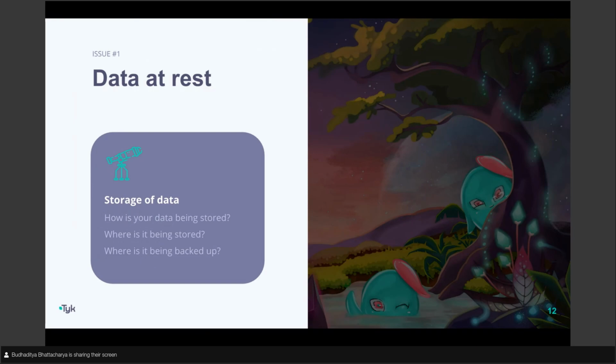So, with that in place, the next part, when we look at data at rest, is that you do need to think about where and how it is being stored. A typical challenge is when you're looking at cloud hosting solutions and you want to have automatic recoveries or automatic backups in place. You need to be very careful in terms of where that automatic recovery is sitting.